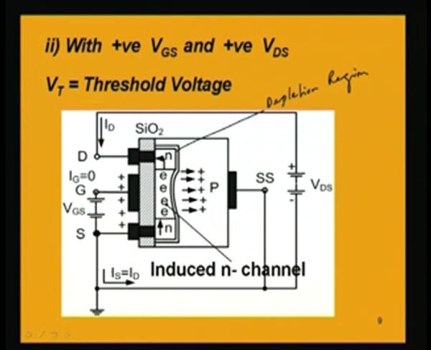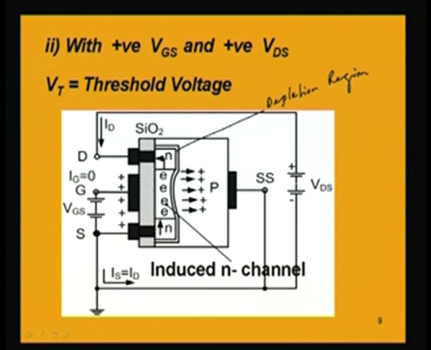So, the drain current is equal to the source current, Is equal to ID, and we also notice that Ig is equal to 0. Although there is a voltage between gate and source, the current at the gate terminal, Ig, is 0, because we have seen here that there is a layer of insulating material between the gate terminal and the substrate.